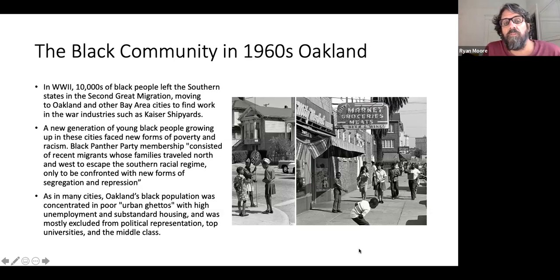So during World War II, tens of thousands of Black people had left the southern states in what is known as the Second Great Migration. And they were moving to Oakland and other Bay Area cities to find work in the war industries, such as Kaiser shipyards. So this is the second migration.